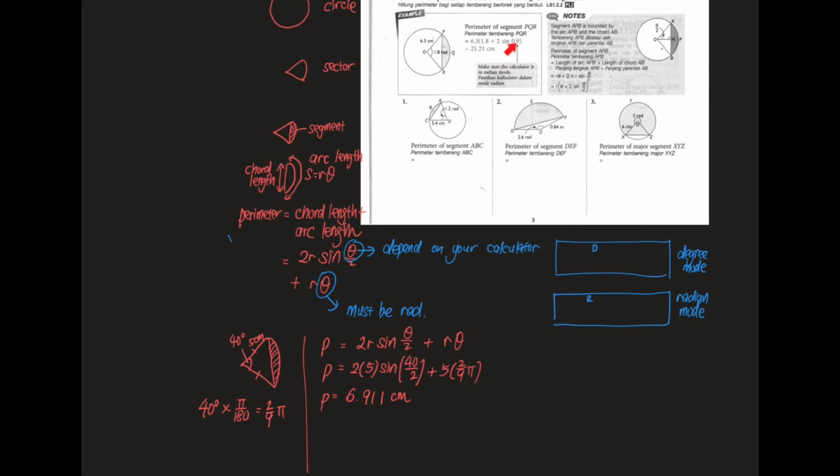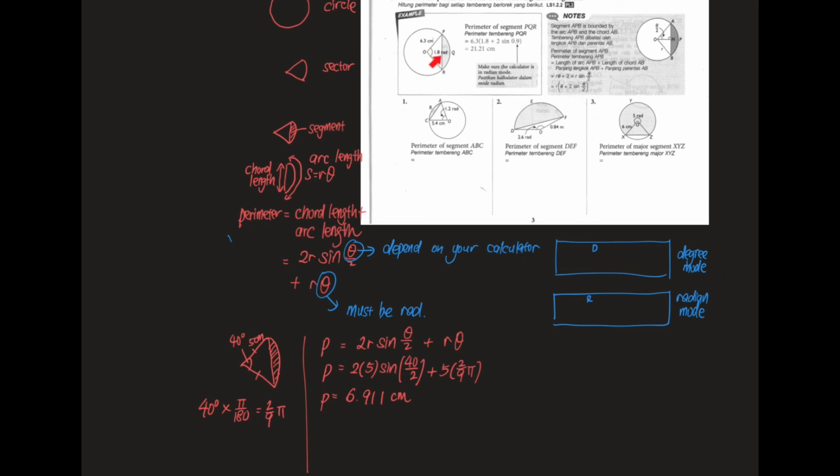If you are using 1.8 over 2, that means you are using radian here. If you are using radian, you must change your calculator to radian mode. So make sure the calculator is in radian mode.